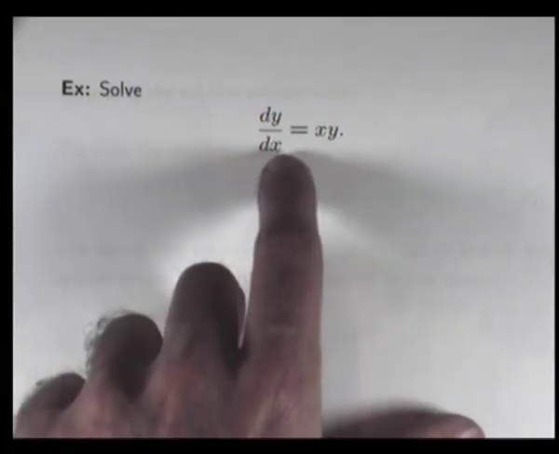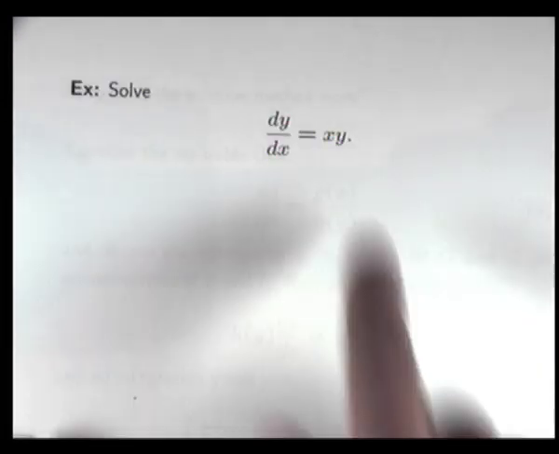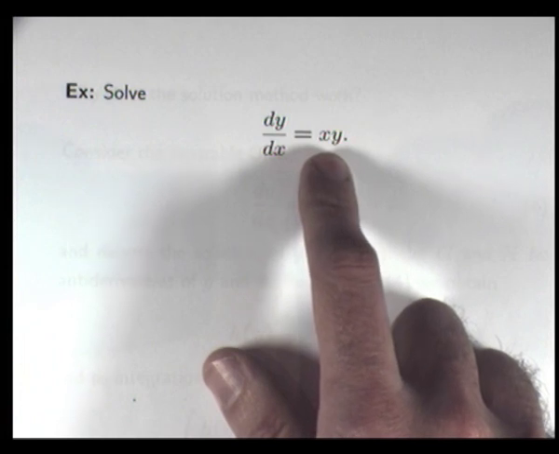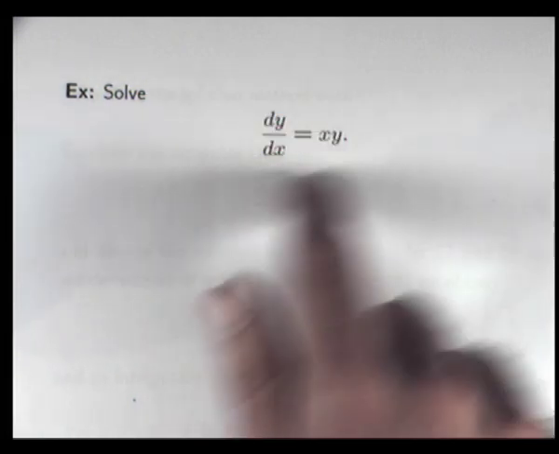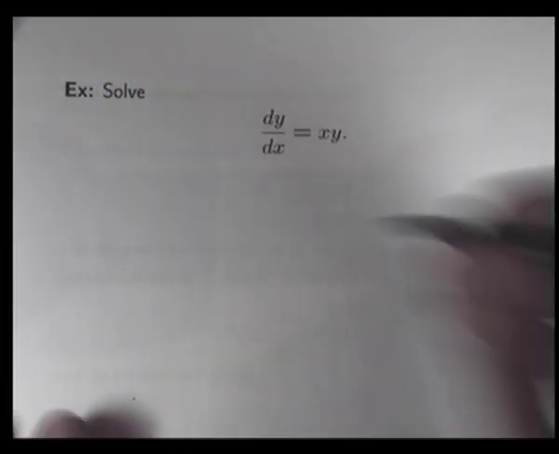Solve the following differential equation. dy dx equals x times y. Now, you can see the right-hand side is a function of x times a function of y. So this is a separable ODE, separable ordinary differential equation.